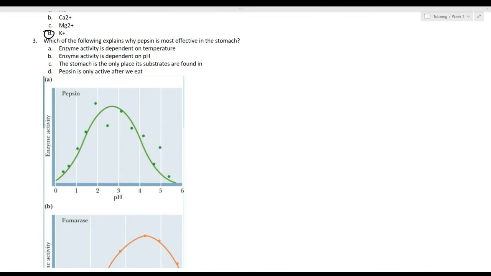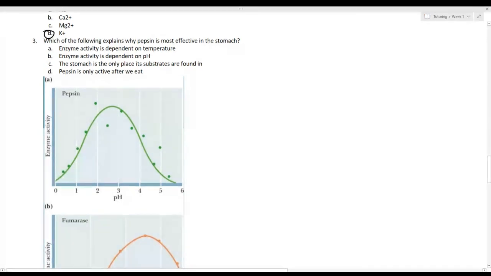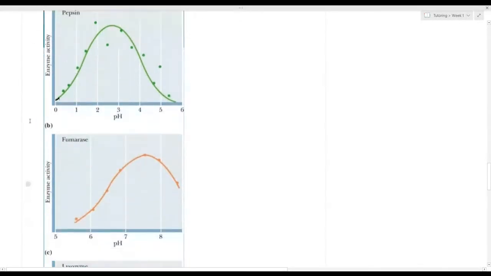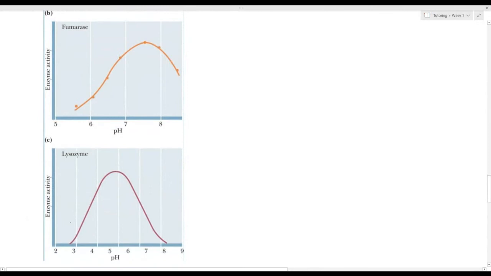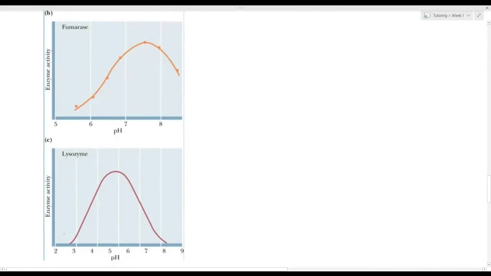Closer to a month. Anyways, the key here is that this enzymatic activity is pH dependent. We'll not look at pepsin, because pepsin is what we're being asked about. We'll look at lysozyme, which is a great example. At a pH of, we'll call it 2.5 to 2.8, maybe 2.7, there's 0 enzyme activity.